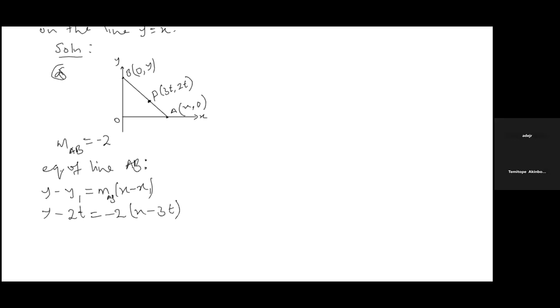Open the bracket and collect like terms. So you have y minus 2t equals minus 2x plus 6t.